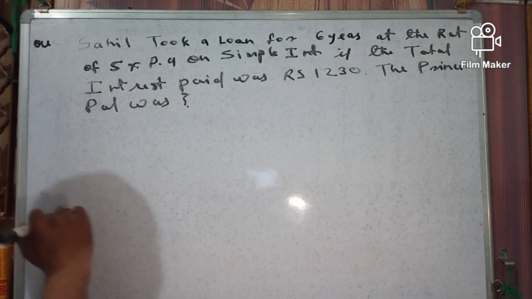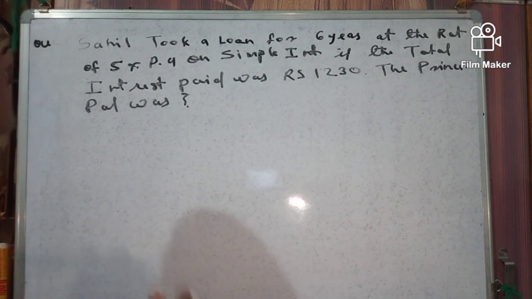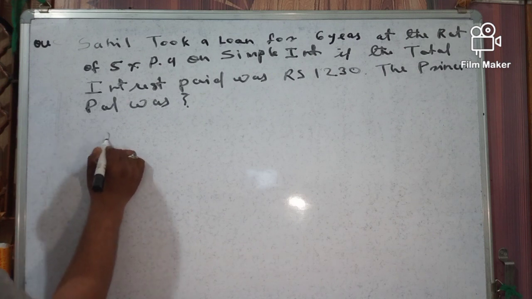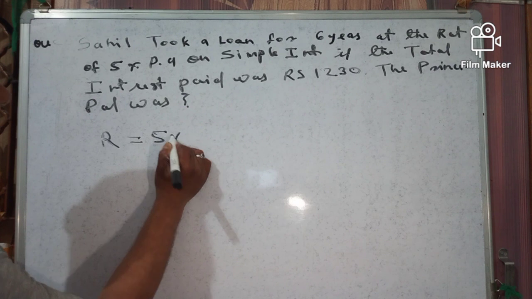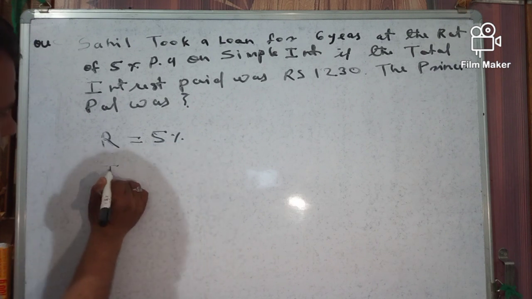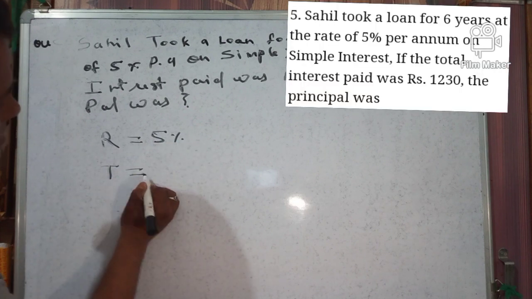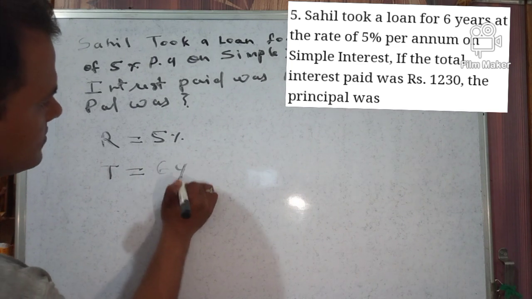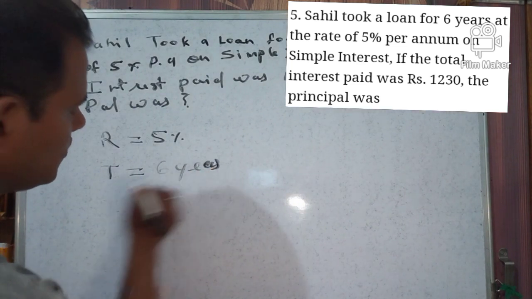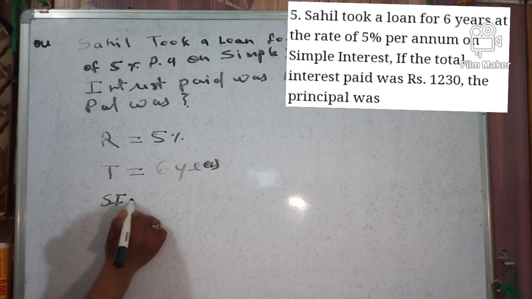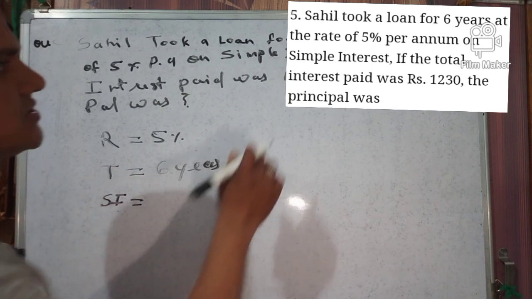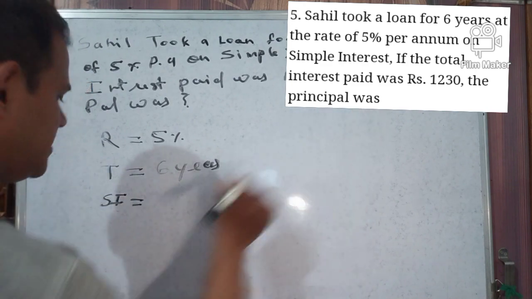Okay, so see here, the given data is: rate of interest per annum 5%, time duration is 6 years. Okay, and simple interest is given, total simple interest 1,230.